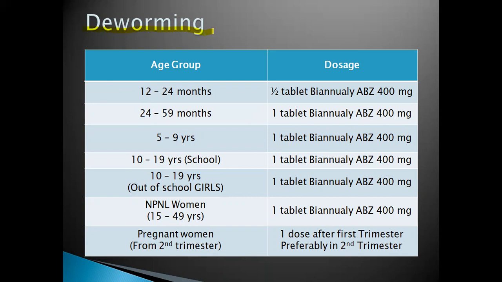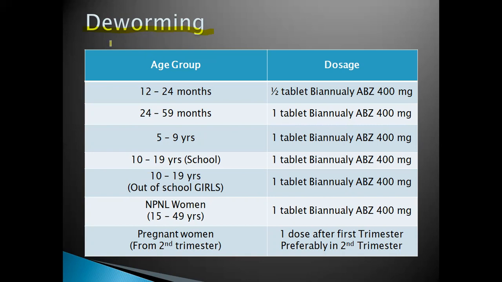Particularly, they have been blamed for various kinds of micronutrient deficiencies. And one of the most common micronutrient deficiencies for which intestinal worms have been a known causal factor is the iron deficiency, leading to iron deficiency anemia.